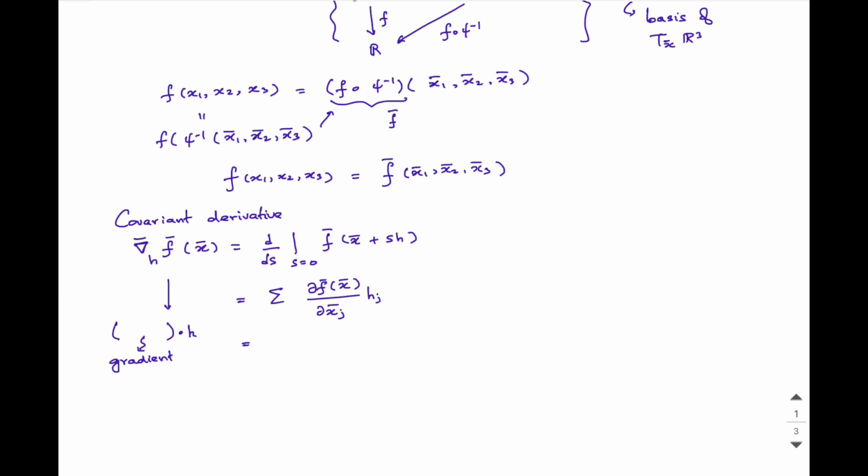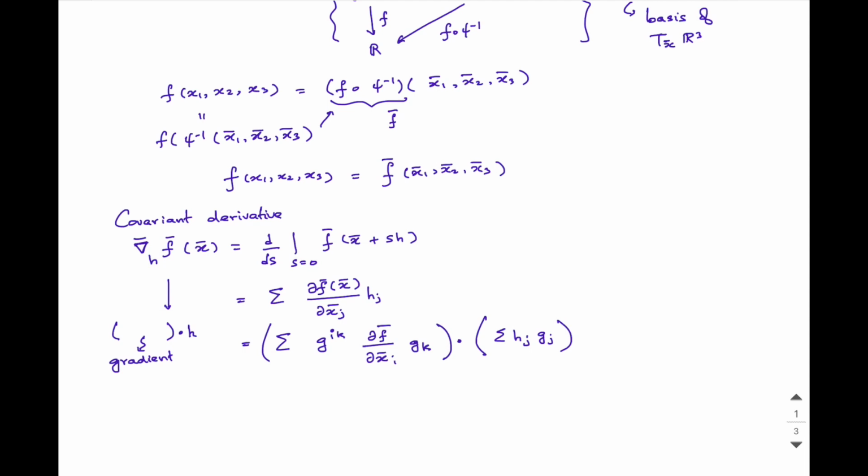So the first thing is I'm going to write it as g. I'll first write down the expression and then I'll explain how it works. Partial f over partial x bar i, and then gk, the whole dotted with summation, say, hj gj.